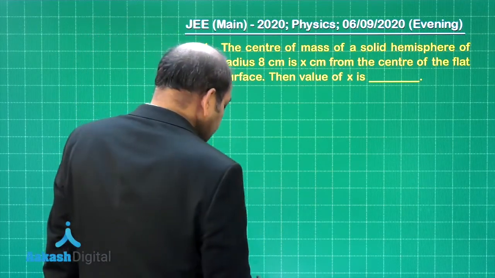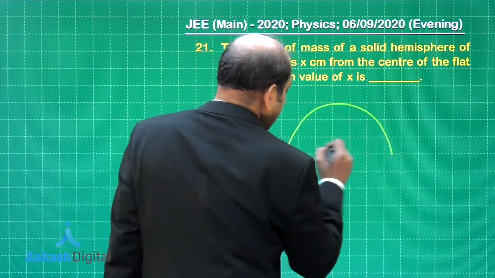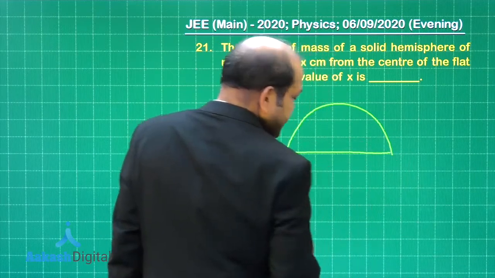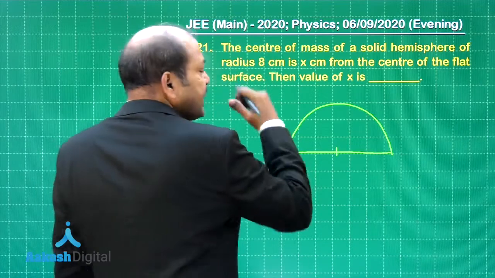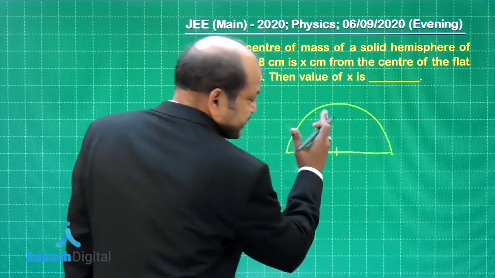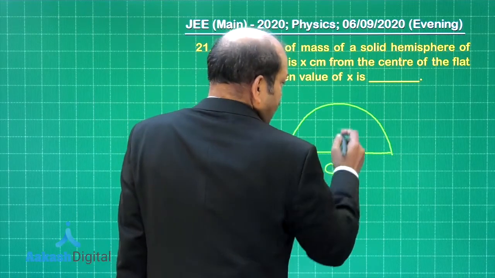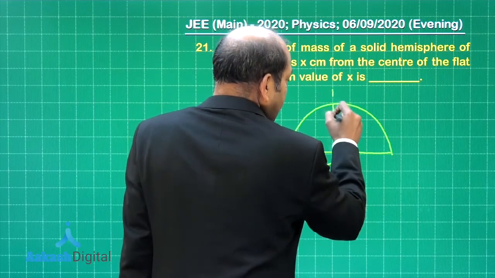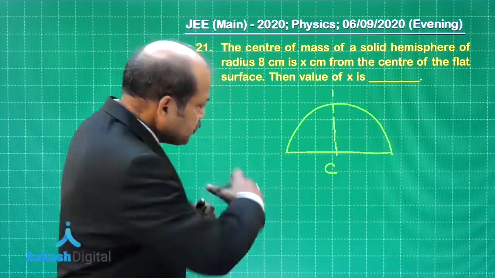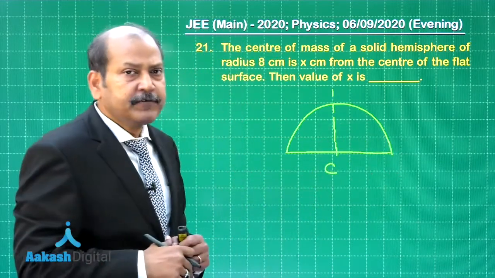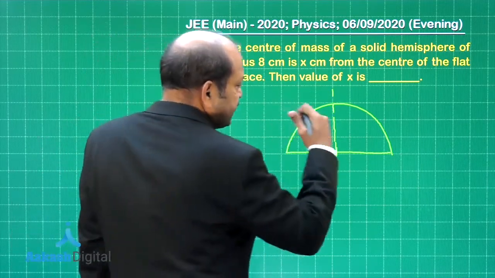Now we know that the location of the center of mass of a uniform solid hemisphere is at a distance of 3r by 8 from its center of curvature. So if this is the center of curvature, on this line, which is perpendicular to the base of this hemisphere, lies the center of mass at distance 3r by 8.